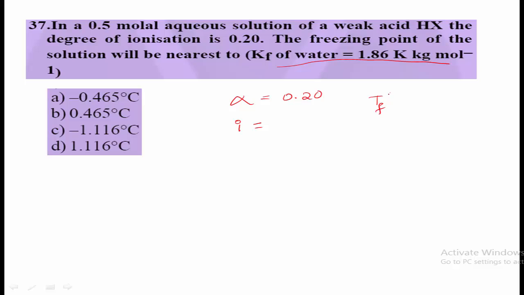Tf naught is the freezing point of pure solvent, and Tf is the freezing point of solution. Delta Tf is equal to Tf naught minus Tf.